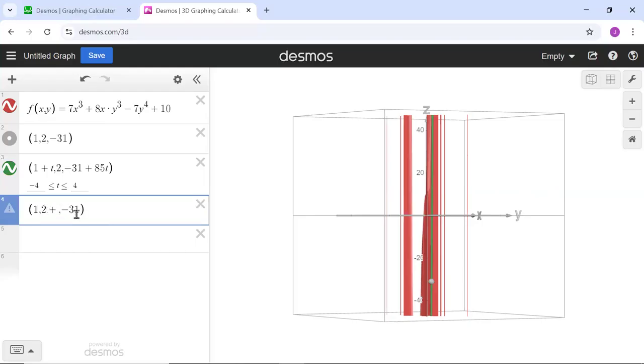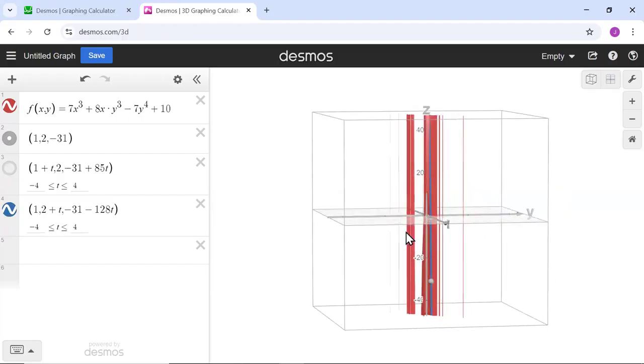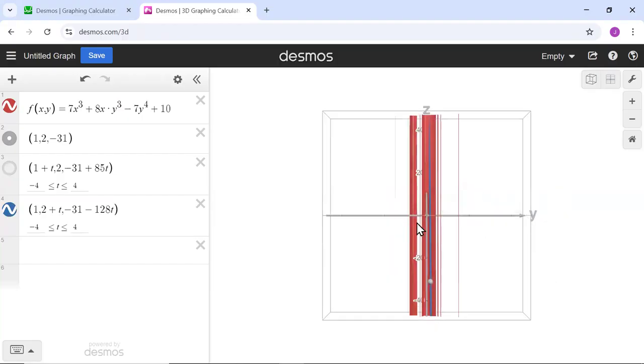And f sub y tells me if I increase y by a unit, then the z value will decrease by 128 of those same units. Again, hard to see, but if you're looking in the direction of y from here, we're getting a slope of negative 128.